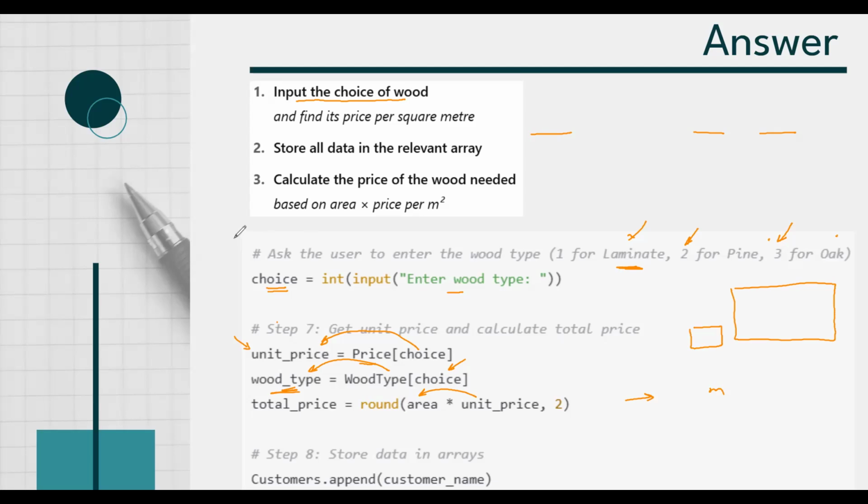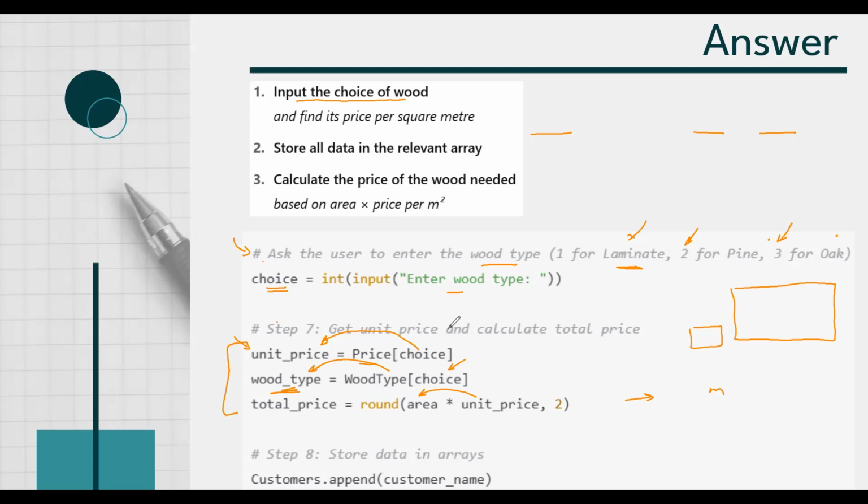And if you notice here, we are commenting every step on every line that we do. So what are we doing? We are asking the user to enter the wood type, so we just put this as a comment. This is quite simple, not so hard. I know that this portion is quite hard, yes.